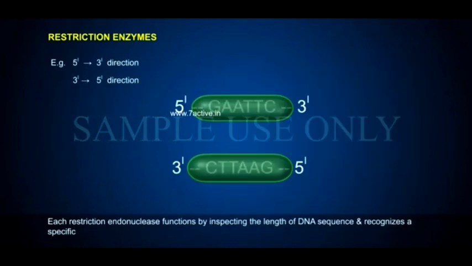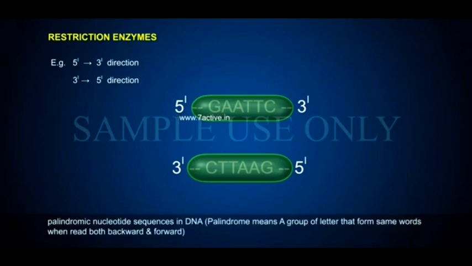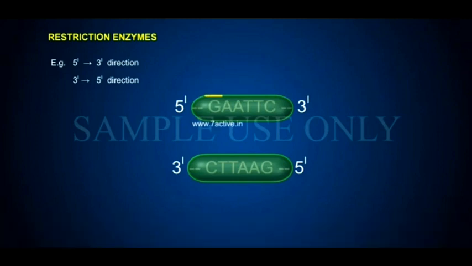Each restriction endonuclease functions by inspecting the length of the DNA sequence and recognizes specific palindromic nucleotide sequences in DNA. Palindrome means a group of letters that form the same word when read both backward and forward.